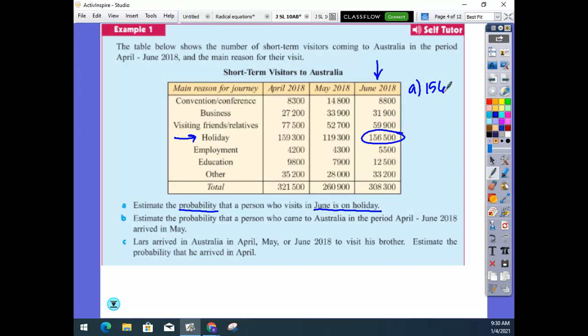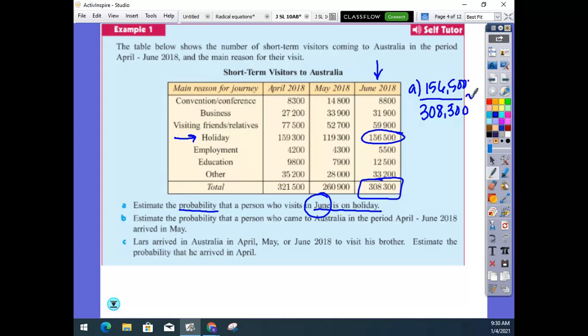There were 156,500 that visited in June on holiday. And this is out of all the total in June. So this is the total number of June people. So in June, this was how many were on the holiday. And then you want to approximate that to 3 sig figs on a decimal. So just divide that. So that's just over 50%, 0.508.